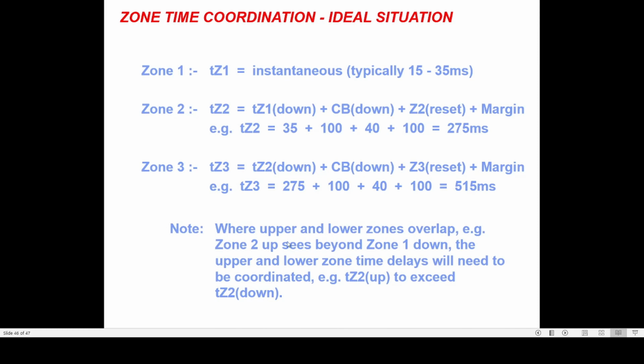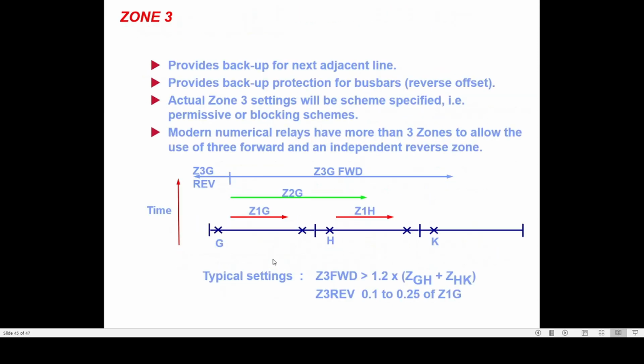The ideal zone 2 timing will be, firstly, what will be the zone 2 time? The first thing is the zone 1 at that down substation. That means if you are considering this case GHK, the time of operation of zone 2 relay at substation G, how will it be calculated? Firstly, the time of operation of zone 1 relay at this substation.